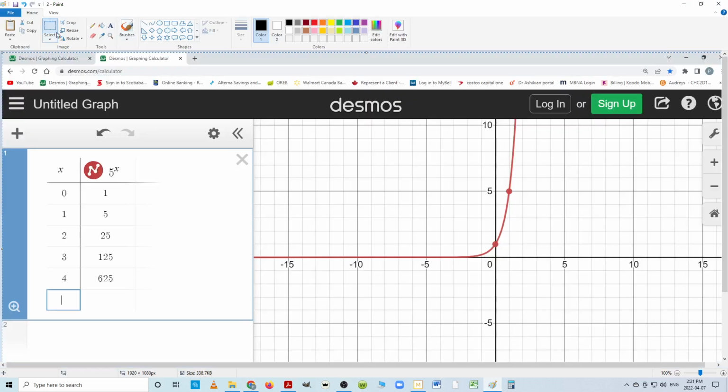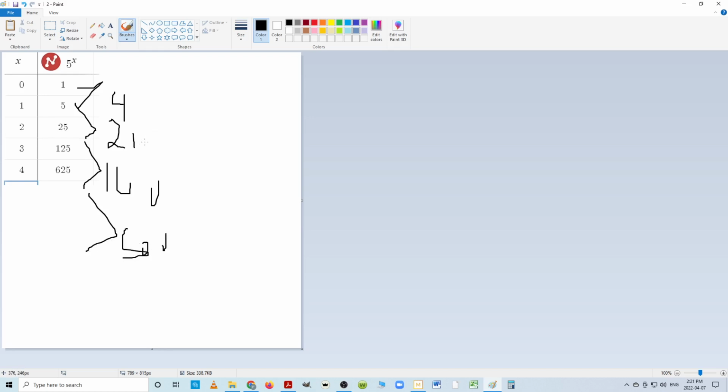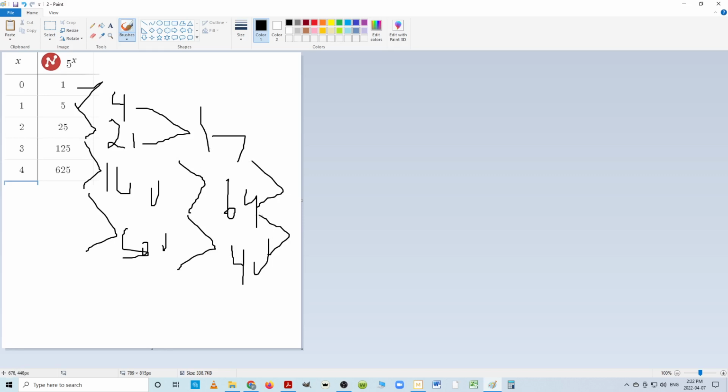When you take the first differences of this, which means you're taking one term and subtracting the term before it, you see that it goes up by 4, then 20, then 100, then 500. And when I take the second differences, I discover these numbers never seem to get anywhere.